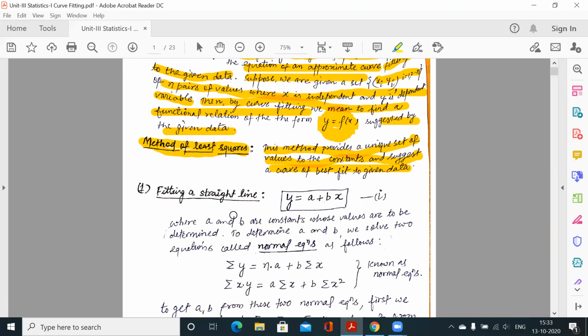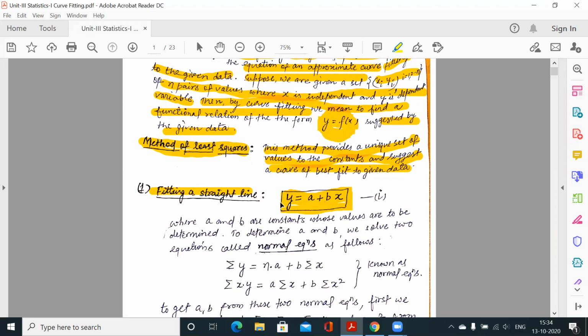Suppose one set of values is given, and we have to fit a straight line y equal to a plus bx. Whenever the examiner asks a question from this topic, you will be given one set of values of x and y, and you will be told which type of function you have to fit.